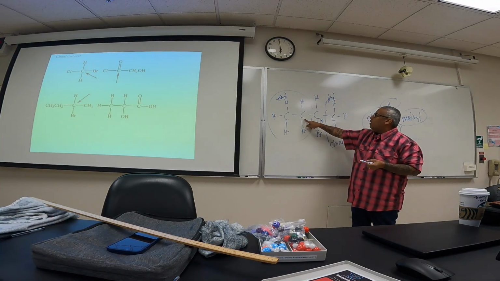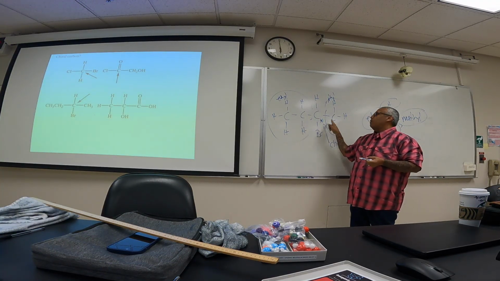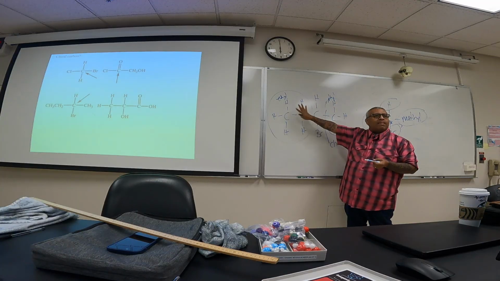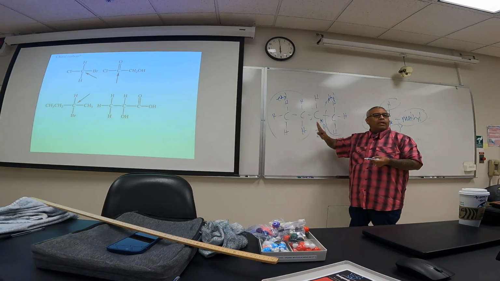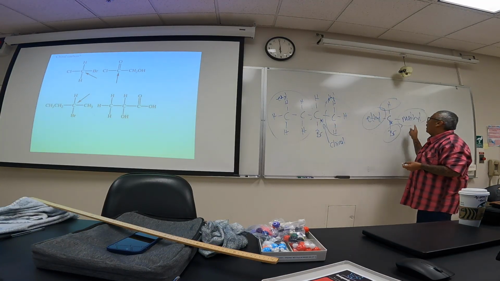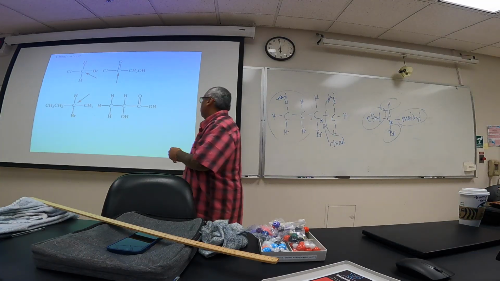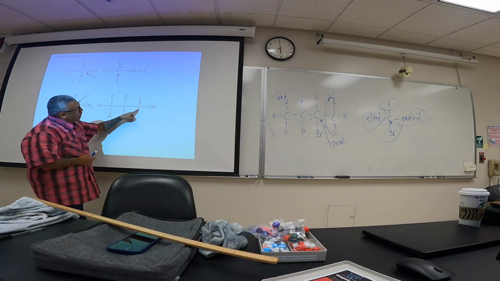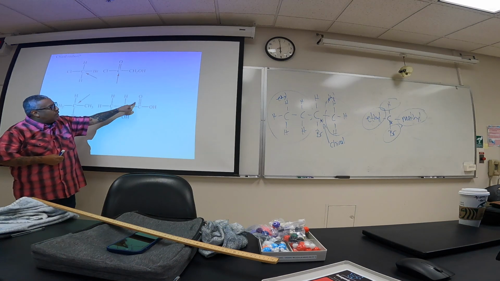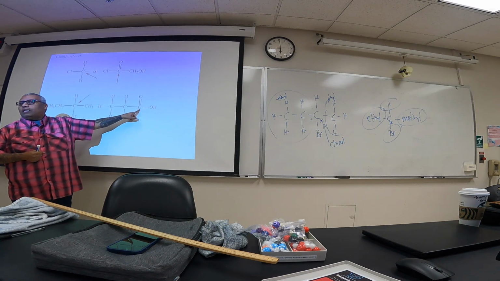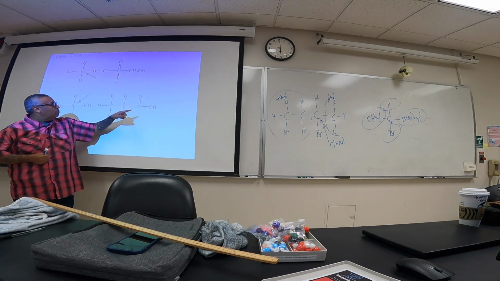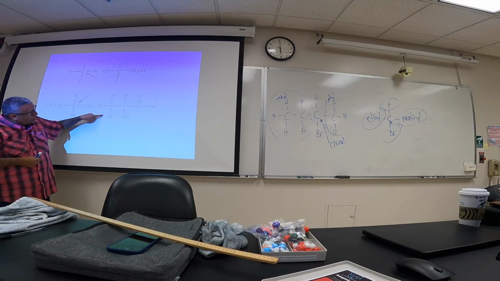So it's not that I'm looking at carbon, because yes, this is bonded to carbon, this is bonded to carbon, but I'm looking at this thing over here and this thing over here, and they're definitely different. So here, this carbon is only bonded to 3 different things. It's not chiral, it's achiral. This carbon has 3 hydrogens.